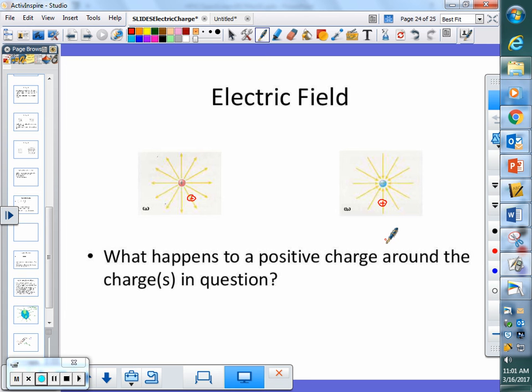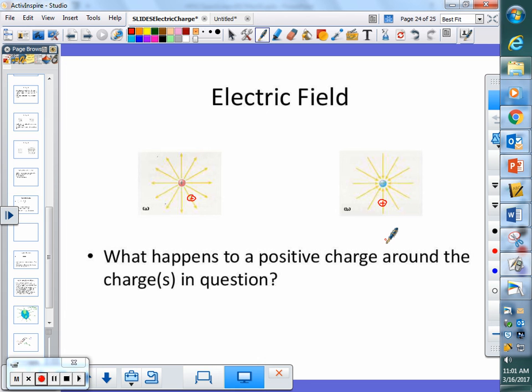So we just have to know that an electron would do the opposite of that. We had to pick one or the other, so we picked positive charges, knowing that negative charges would just do the opposite thing. So these are the fields that surround a single proton and a single electron.